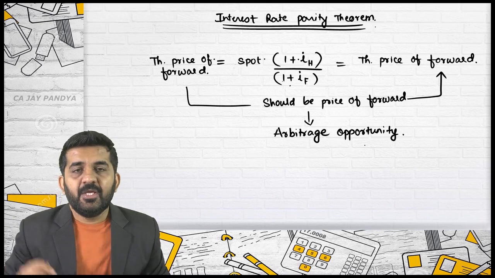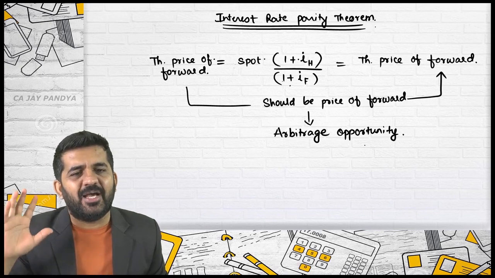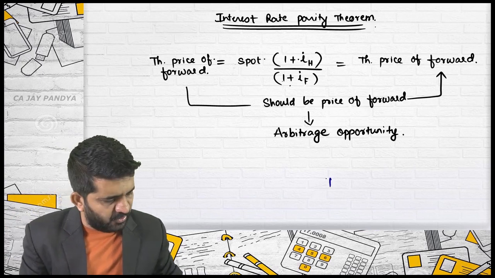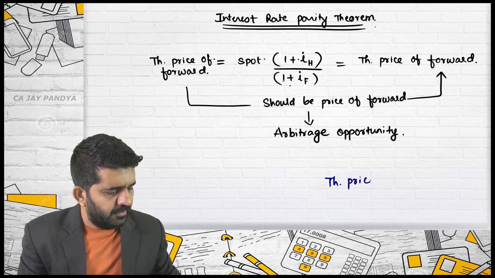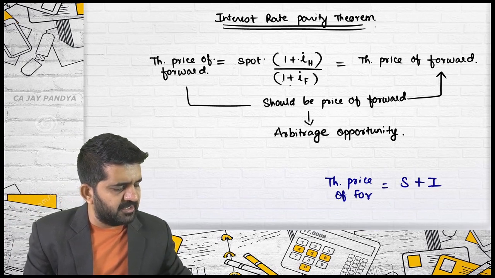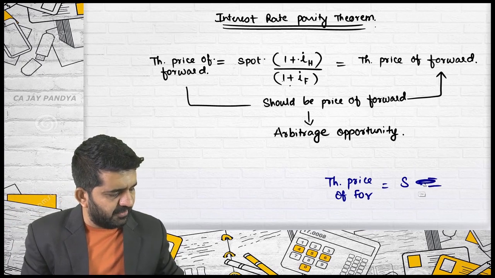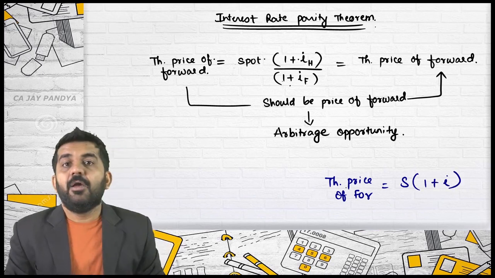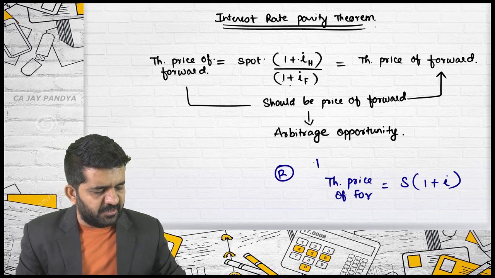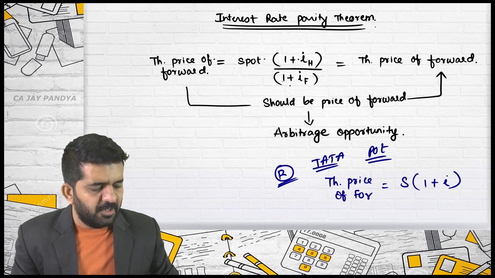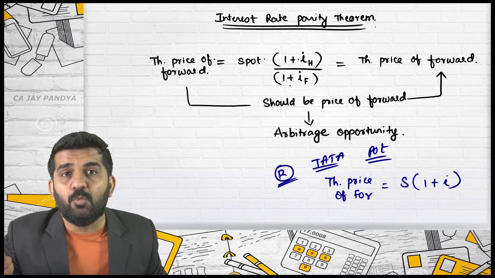Please understand this formula is taken from the normal formula of theoretical price of forward, which is nothing but spot plus interest. That is, if you want to add interest in spot, it is spot into 1 plus I. But if it is Reliance shares, Tata shares, potatoes, you can use this because there is only one economy involved.